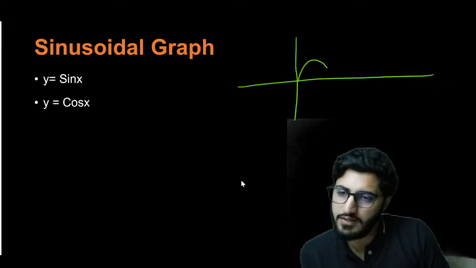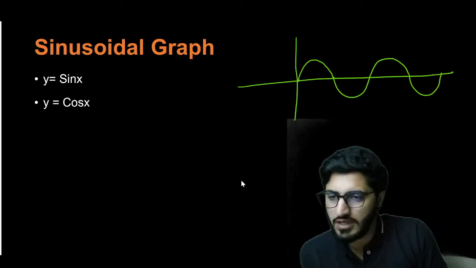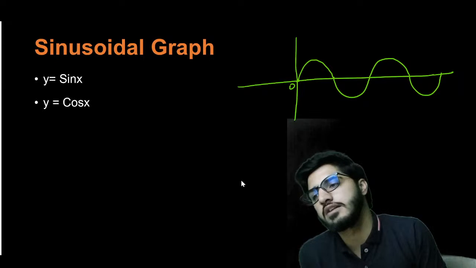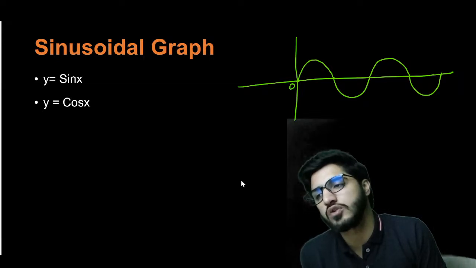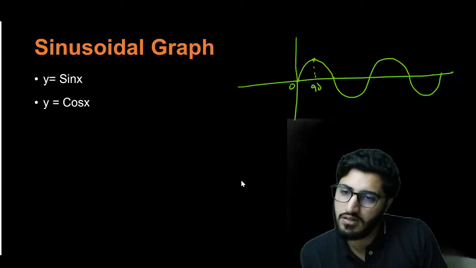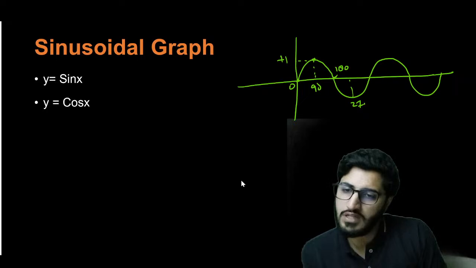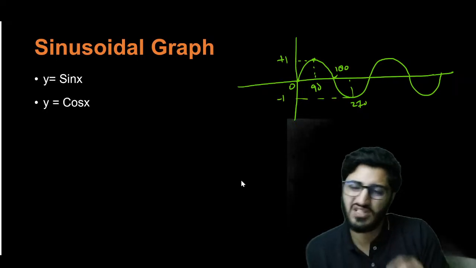At x equals 0 we get sine 0, which is 0. This one is at 90, at 90 we are having plus 1, this one is 180, 270, at 270 we are having minus 1. So the graph looks like this.